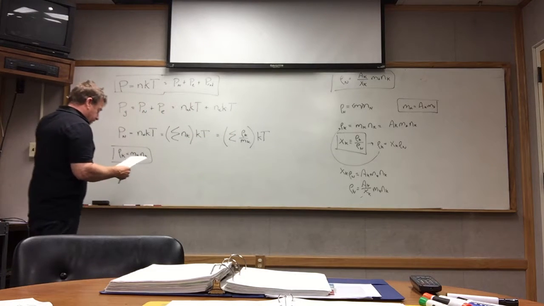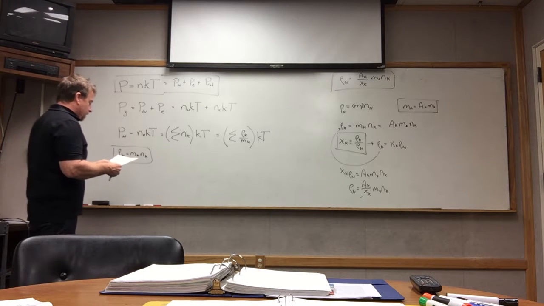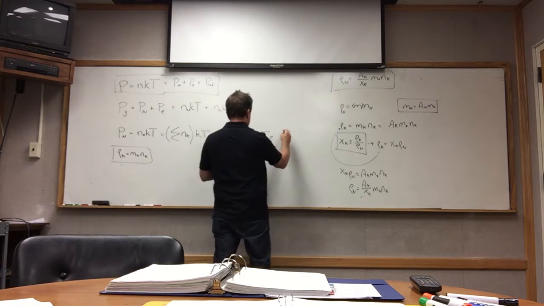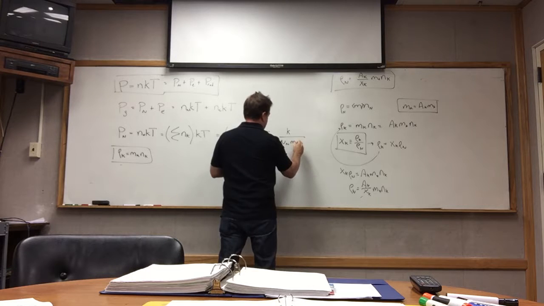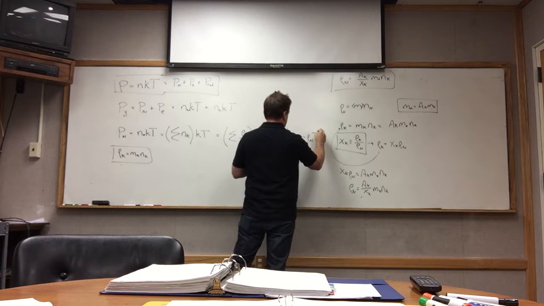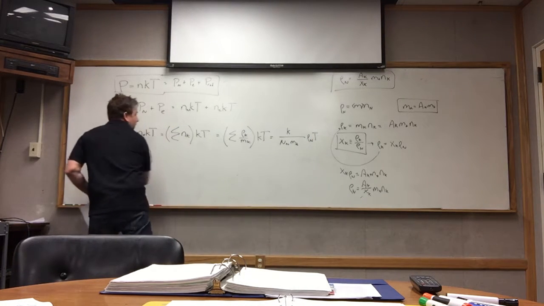And it turns out that the easiest way to do that is to redefine this in terms of something called the mean molecular weight. This is the definition right here. Okay.